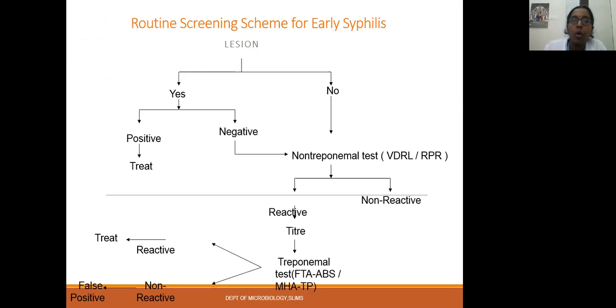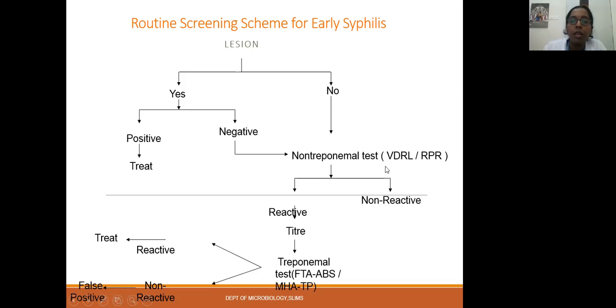So how do you routinely screen for syphilis? If there is a lesion, the first thing we do is dark field microscopy. If it is negative, then we go for the VDRL or RPR test.